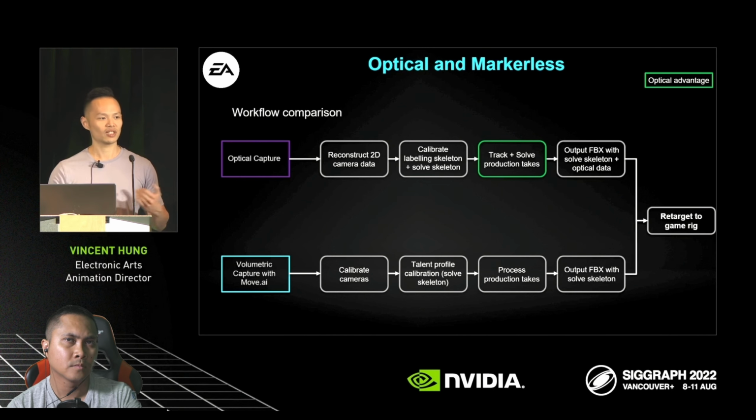And also for the solving skeleton, in a lot of the applications that we use, there's a lot of manual intervention. Let's say the calibrated skeleton is not exactly how we want, we can go back and refine it until the point that we think will give us the best retarget. So for optical, again, it is the optimal data quality output, with user-defined skeletons and user intervention.